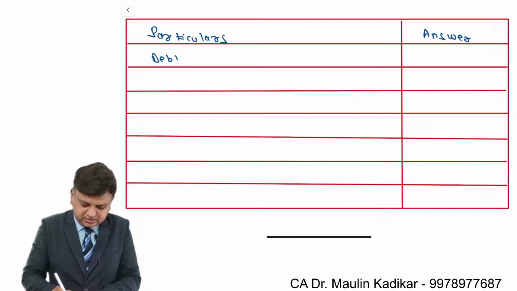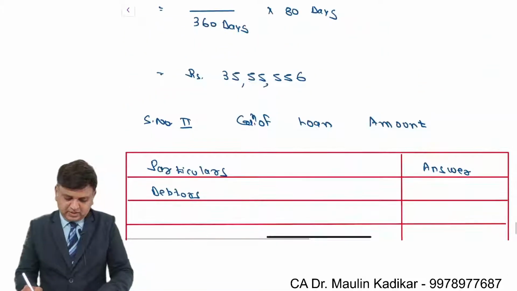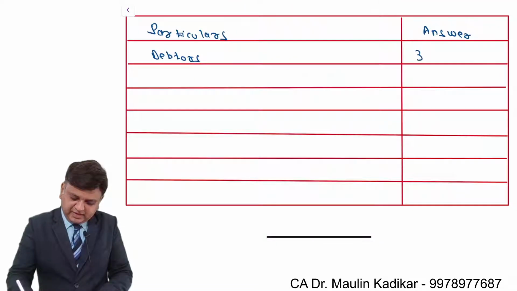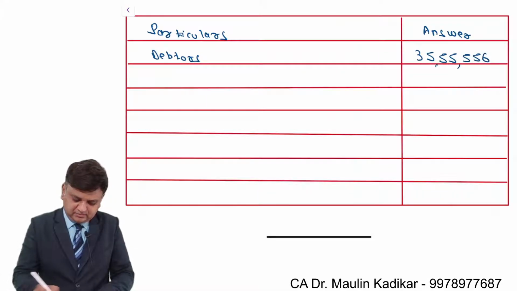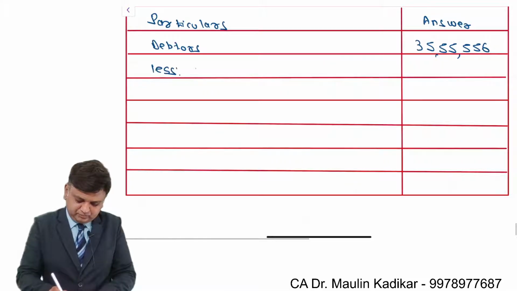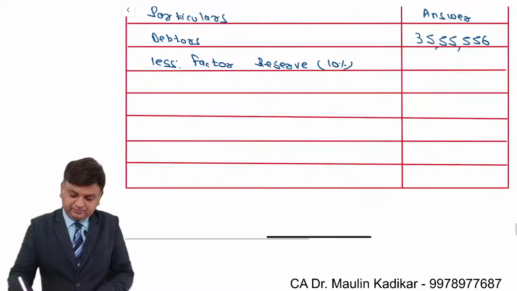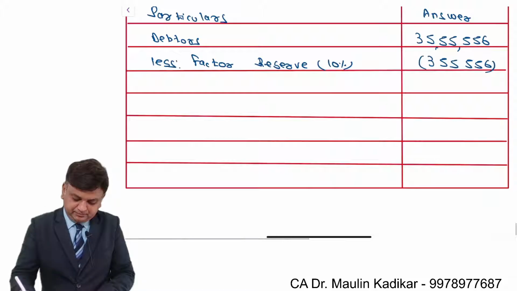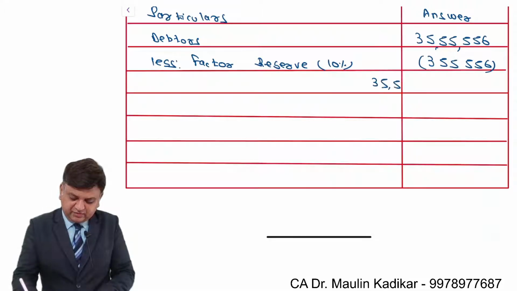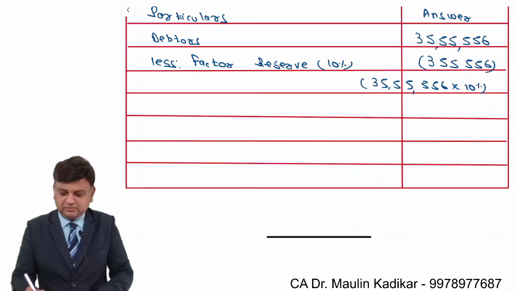In that, data says amount of 35 lakh 55,556. Less factor reserve, it is 10%. So 3,55,556. That is 35,55,556 into 10%.